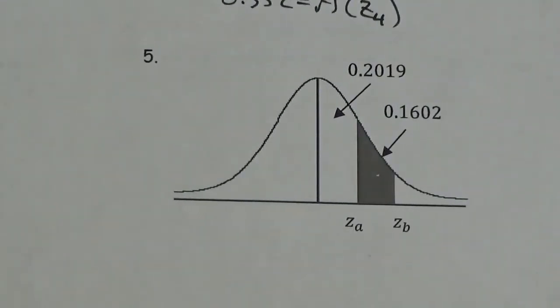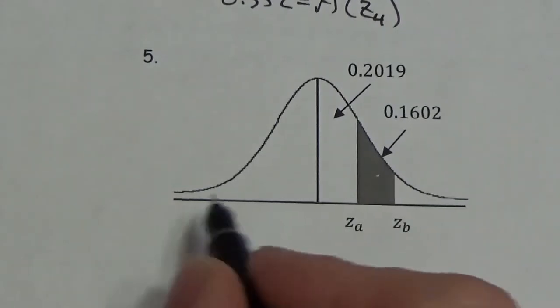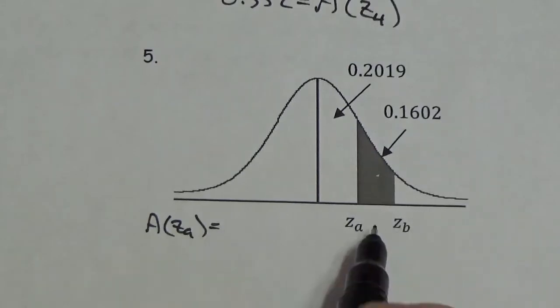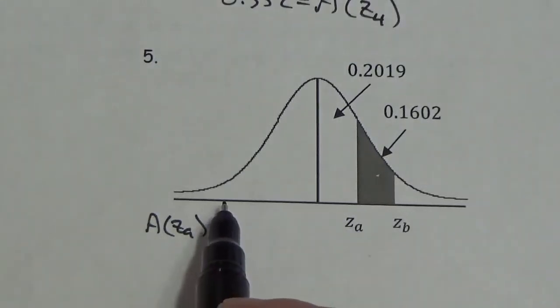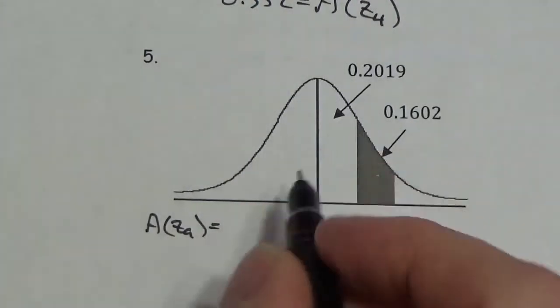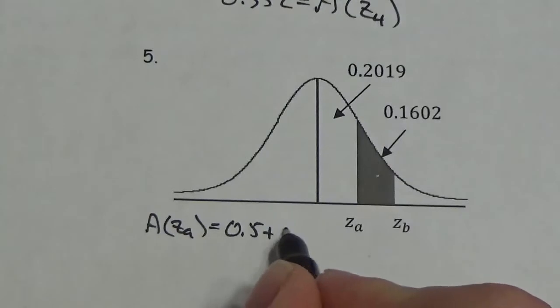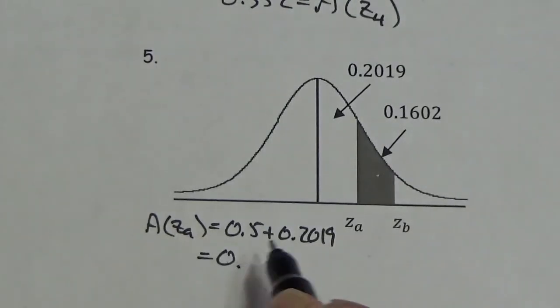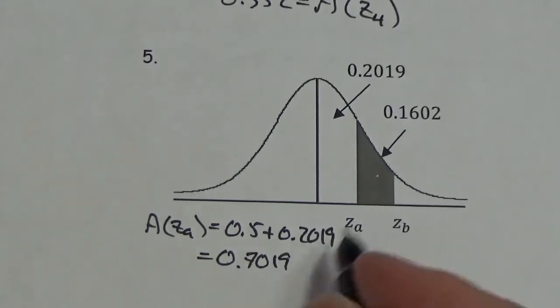Here, okay, here I've got two Z values that I want to find. Well, the area to the left of ZA is going to be 50% of the graph plus this right here. So it's going to be 0.5 plus 0.2019, which is going to be 0.7019.